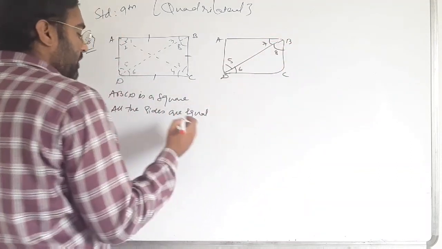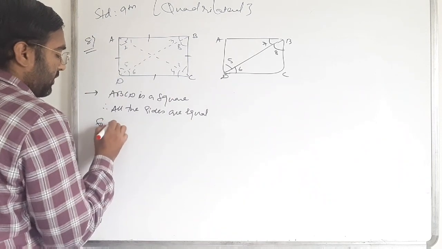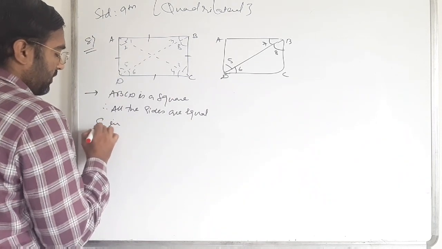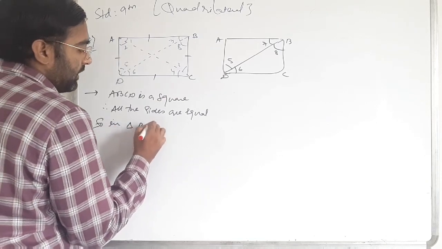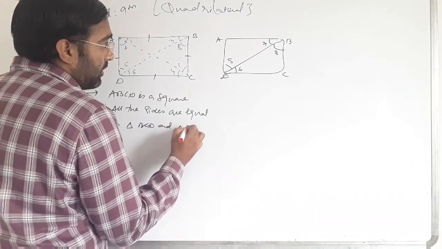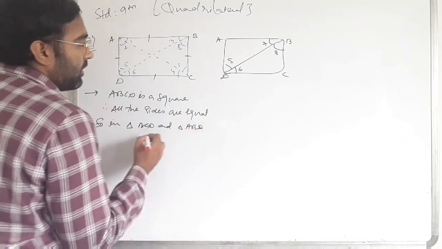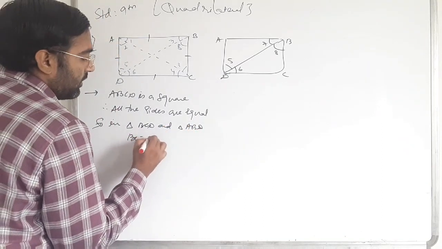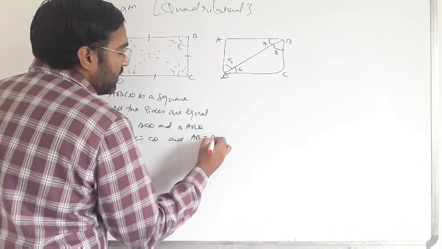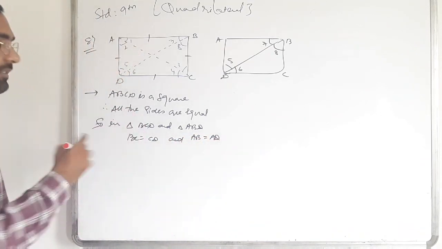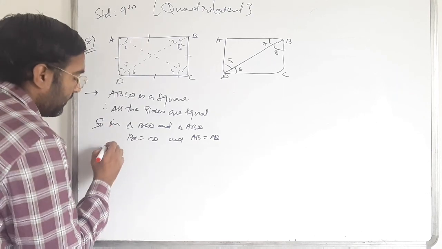Okay, so in triangle BCD and triangle ABD, BC is equal to CD and AB is equal to AD. Sides are equal, then their opposite angles are equal.